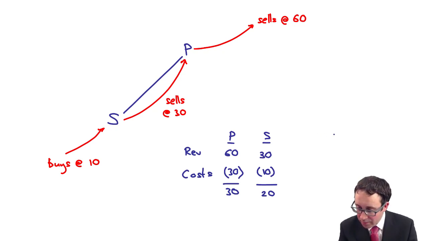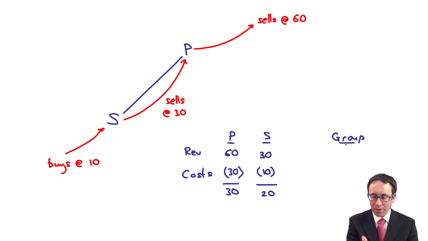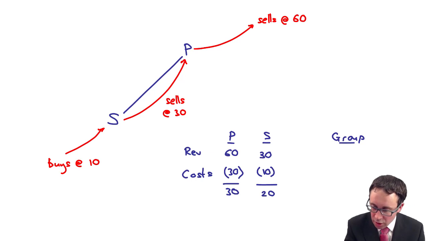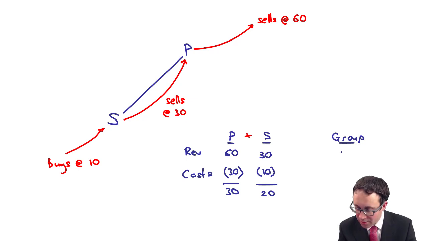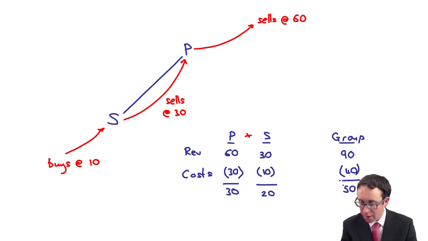Leave yourself a column between S and the group's results, because if you now consolidate, adding across 100% of P and 100% of S, we have 90 and 40 and a group profit of 50.